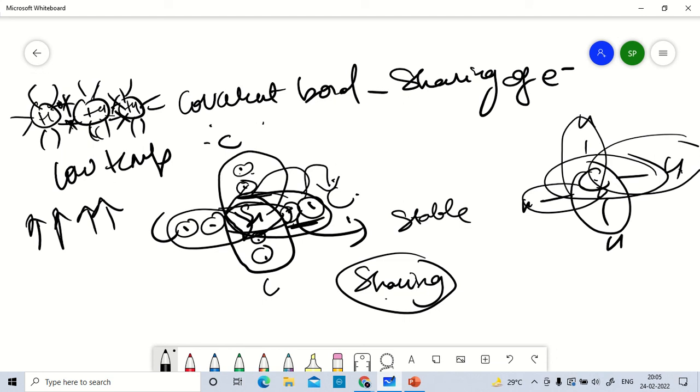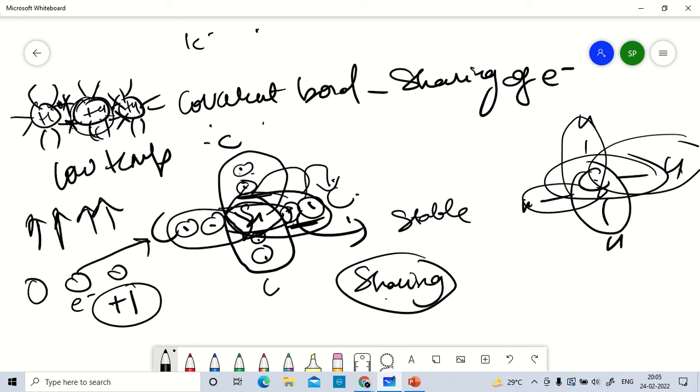The thermal energy effectively ionizes only few atoms in the crystalline lattice and creates a vacancy in the bond. So as they break away, these are electrons, right? If I remove one electron, then what will you say? +1 charge. Why? Because anything is neutral when you have one electron and one proton.